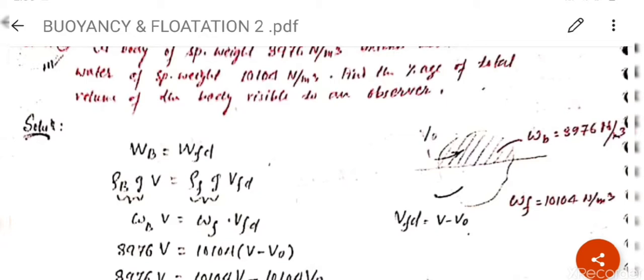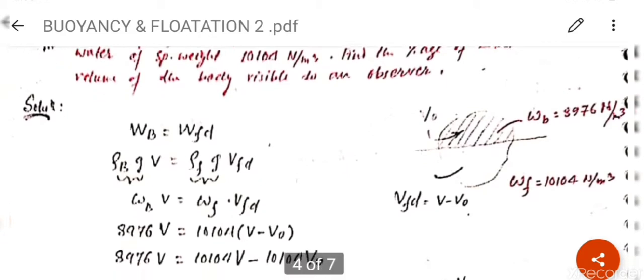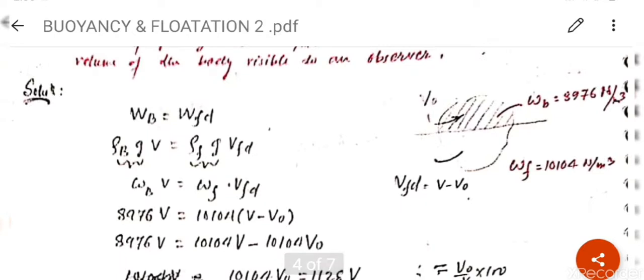This is the basic formula. I have already explained the principle of flotation: weight of the body is weight of fluid displaced. So we can write for weight of body, rho of body into g into volume, and weight of fluid displaced, rho of f g into volume of fluid displaced.